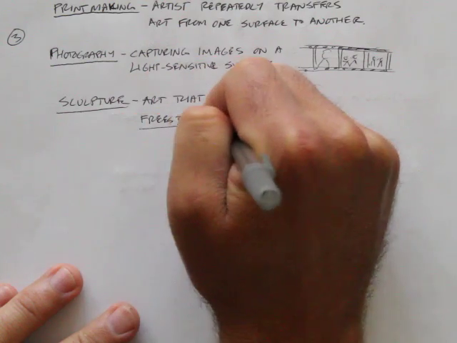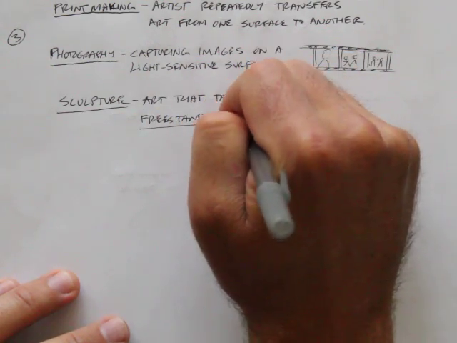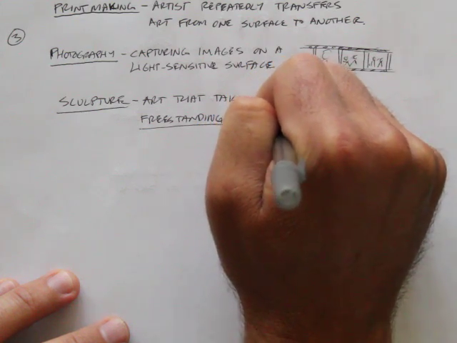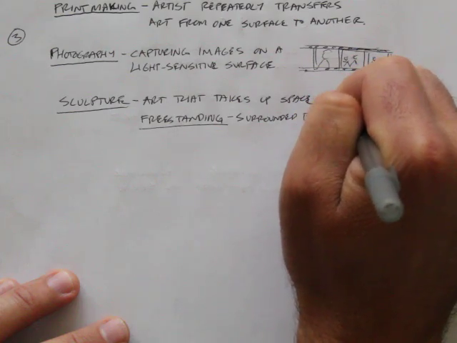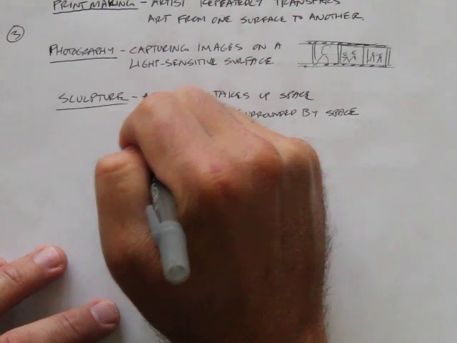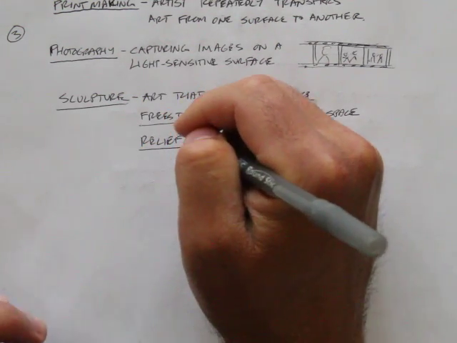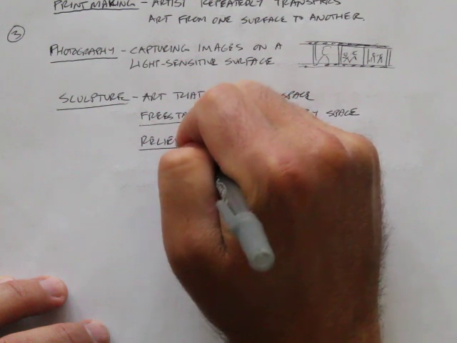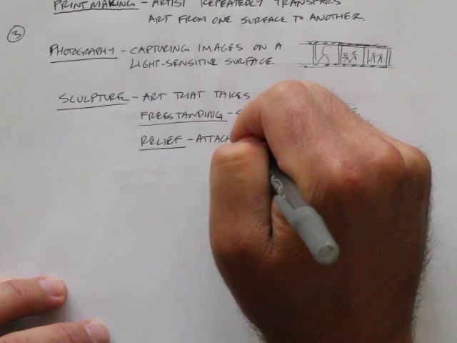If you have freestanding sculpture, it means that it is surrounded by space. And then there is relief sculpture. And this means that it is attached to a surface, to a flat background.